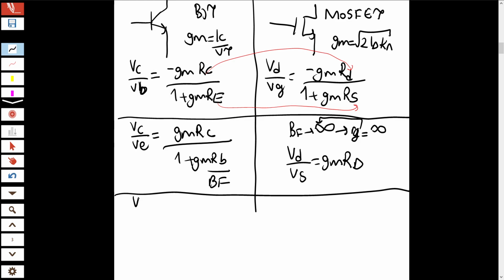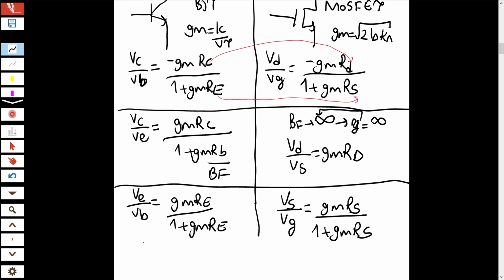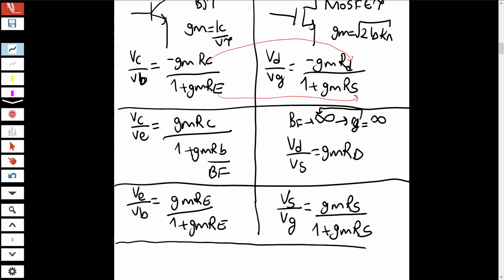Okay, so what is V_emitter over V_base? We also calculated this. It is gm R_E over 1 plus gm R_E, and its MOSFET equivalent is V_source over V_gate, and it is gm R_S over 1 plus gm R_S. So what I have done is giving you all the formulas, all my derivations, input and output resistance, and all the gain equations that you should know by heart.